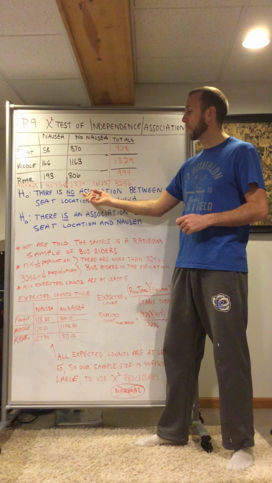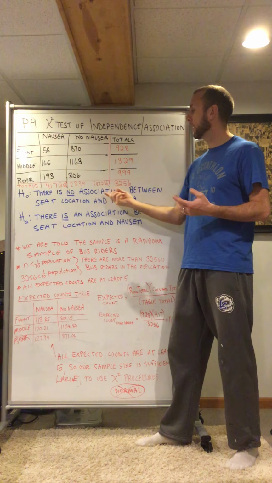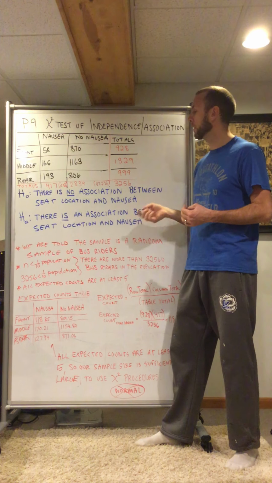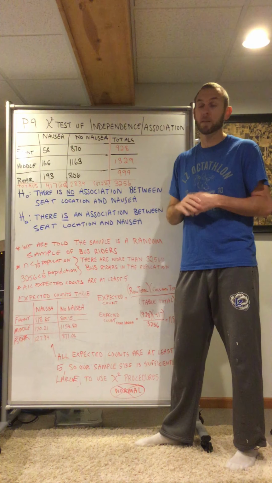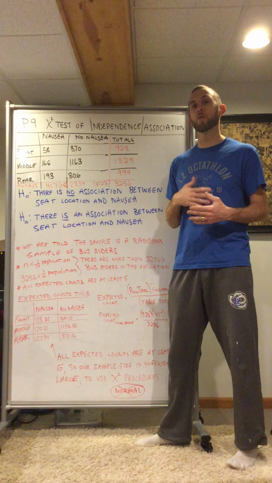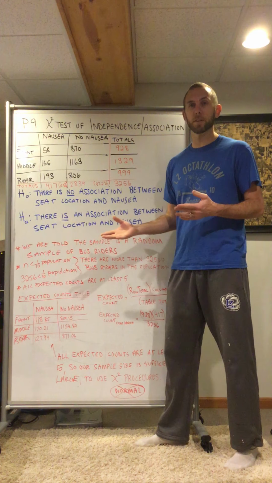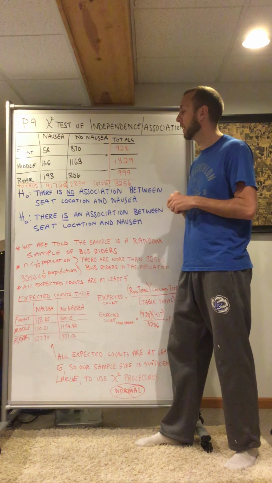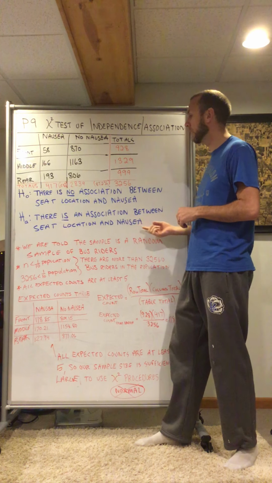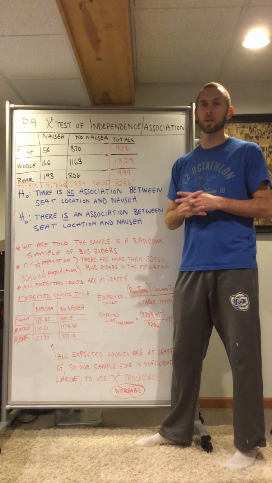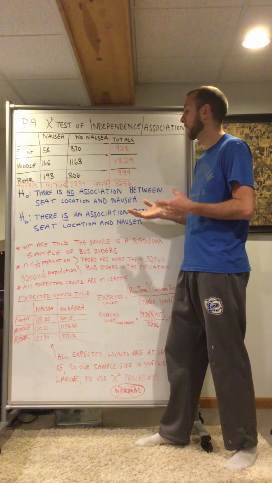So we are assuming with the null hypothesis that there is no association between seat location and nausea. We're going to assume that they're independent, and we're going to look for statistically significant evidence of the contrary, that there is an association between seat location and nausea. In other words, we're going to test if they are dependent.